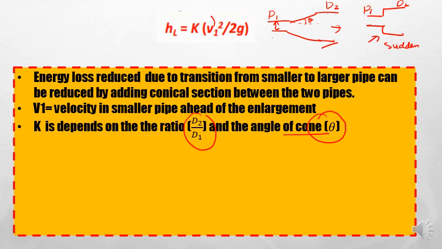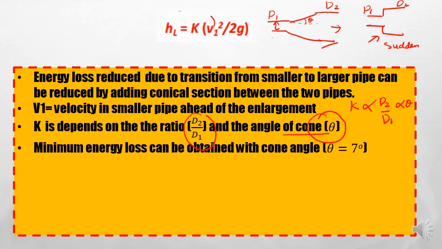So in order to determine the K, it relies on the ratio D2 divided by D1 and the angle of the cone. The minimum energy loss can be obtained at theta equals 7 degree. The way to get the K value is the same, you can use the diagram.